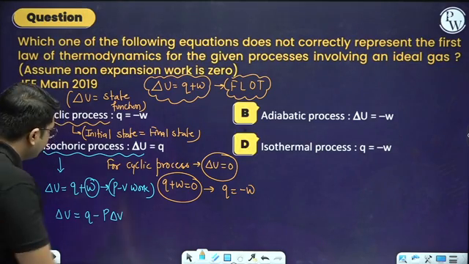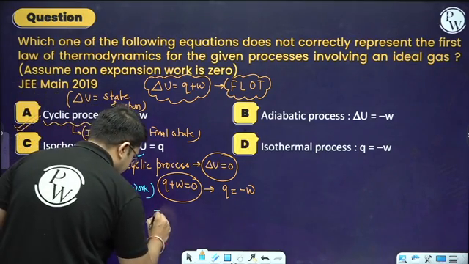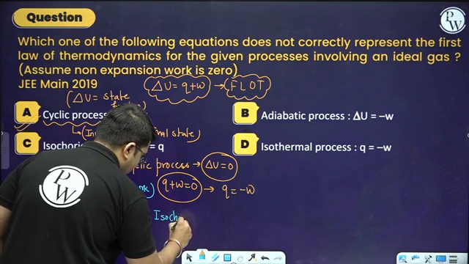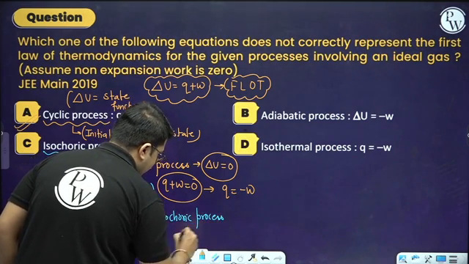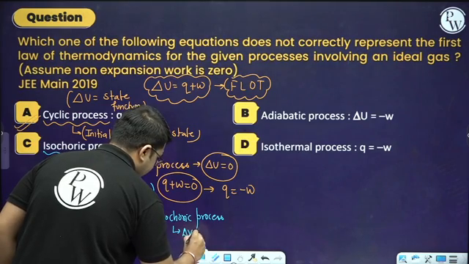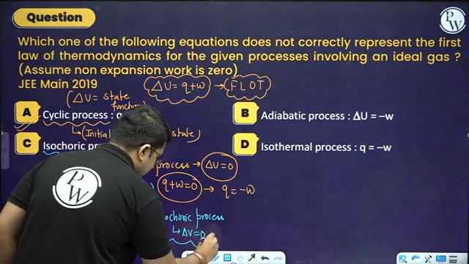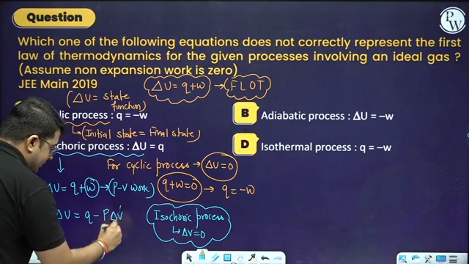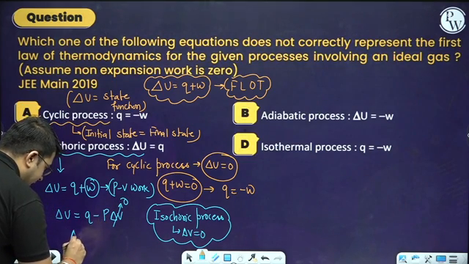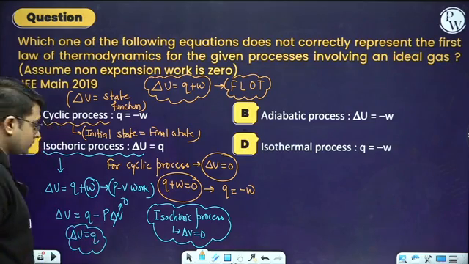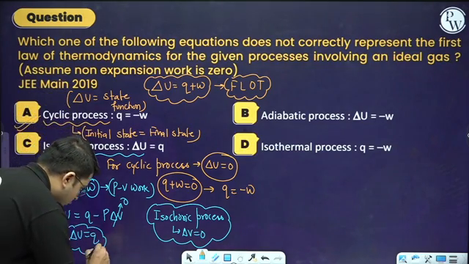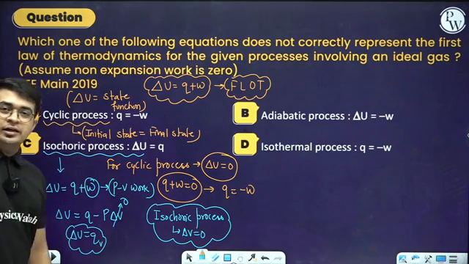Yes, definitely. Now for an isochoric process, delta V is equal to 0. If that holds true, this entire part will be 0 and delta U will be equal to Q only, that is, Q at constant volume.